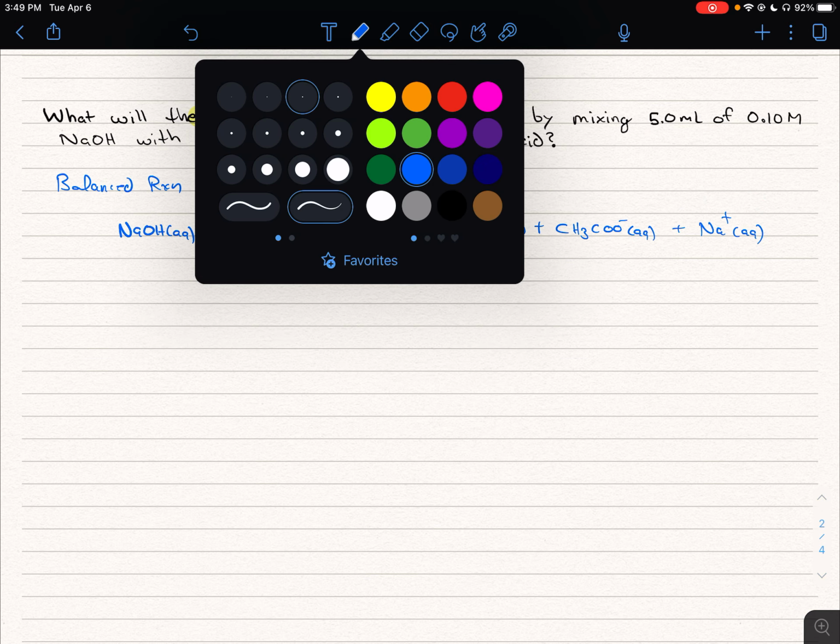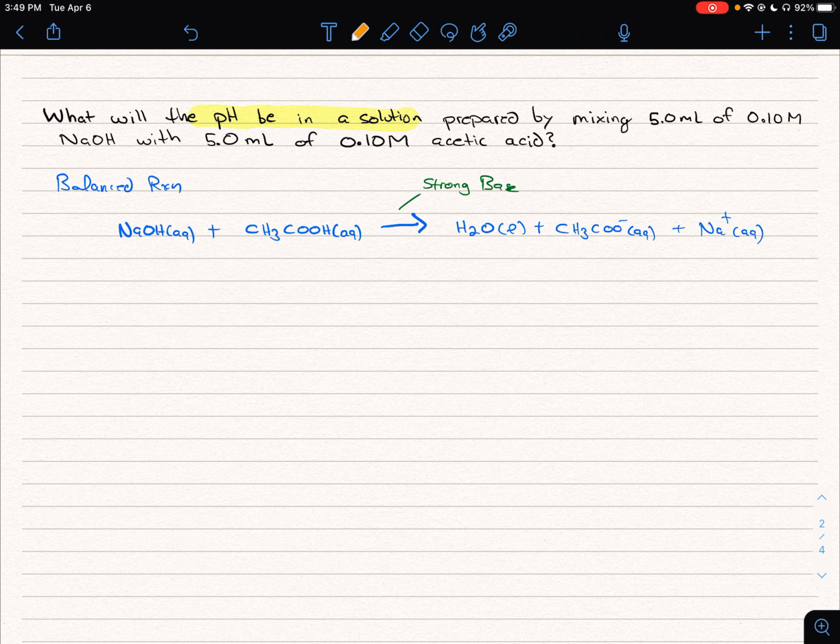However, when we look at the products, what we need to recognize is the product of this reaction is in fact the acetate anion, which is a weak base. And so in order to find the pH of the solution, it's actually going to be a weak base equilibrium.